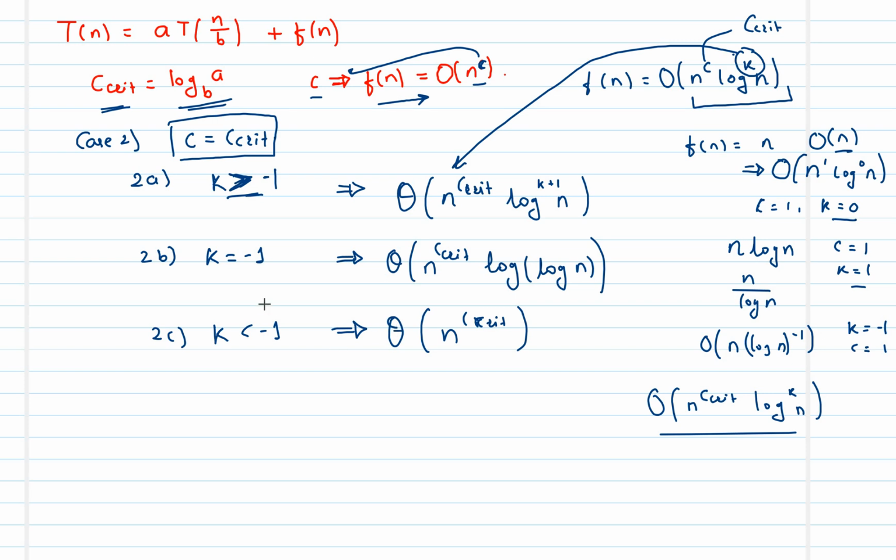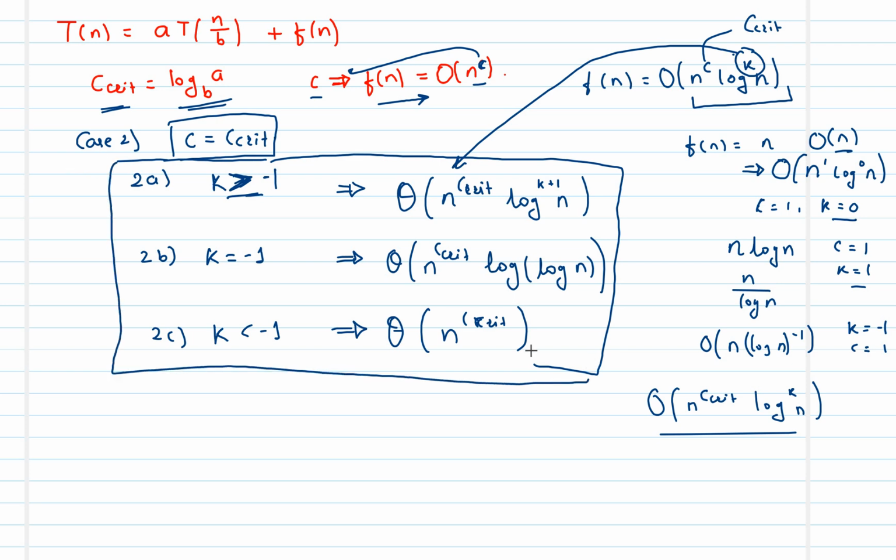So these are the 3 sub cases for case 2 of the master theorem which we have discussed. So what is case 2 now? Case 2 is whenever we have c equal to c critical, then we have three cases: k is greater than -1, k is equal to -1, and k is less than -1.